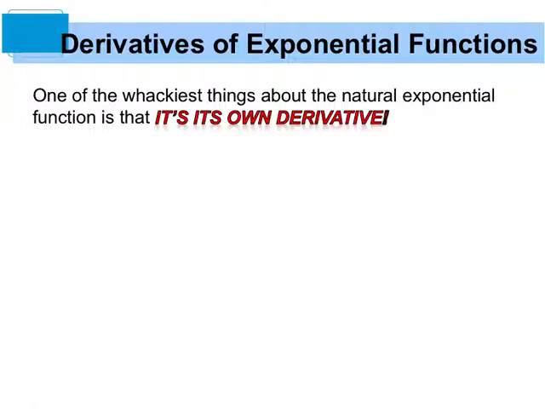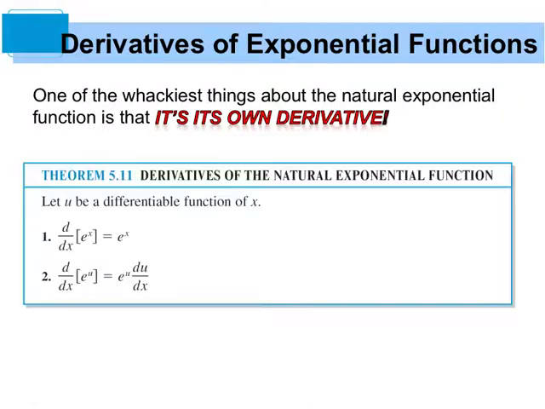Here's the cakewalk. The derivative of e to the x is e to the x. Wait, there's a trick. It can't be that simple. There's no trick. That's it. Well, there's one thing you need to remember: if it's e to the u, you've got a little different thing there. That's its own derivative.